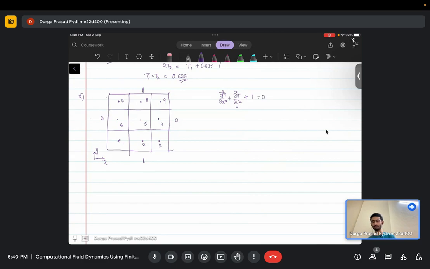So if this is my governing equation, boundary conditions are as shown. For cell 1, it will be in terms of neighbors. So you have T2 as a neighbor, T6 as a neighbor. So what are the coefficients? Can one of you solve and maybe we will see.